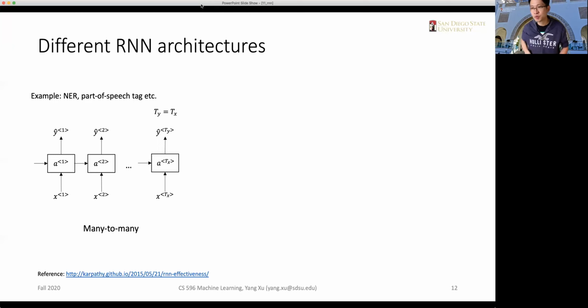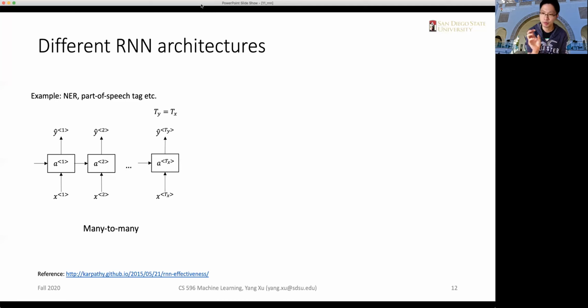If we think of this task more carefully, the role or the syntactic function of a word actually depends on its context, right? Even if it's the same word, in different positions of a sentence it can play different roles.